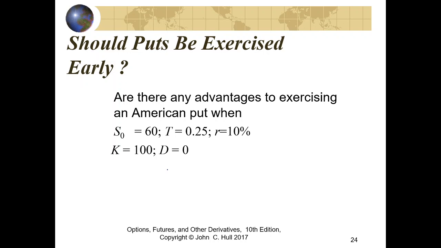So let's take an extreme example. There were rumors that the company on which the put option is written is going to go bankrupt. So the price of the stock dropped to close to 0, only cents. Now, should you wait before you exercise, or should you exercise immediately?